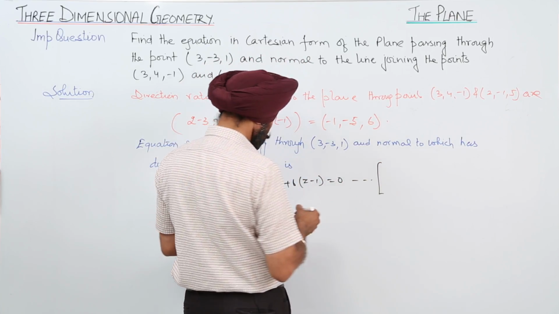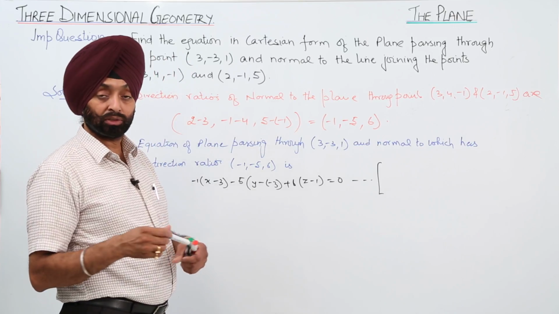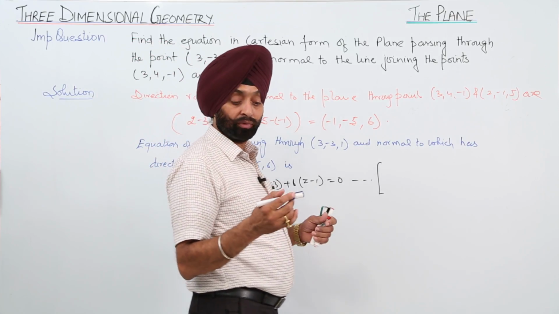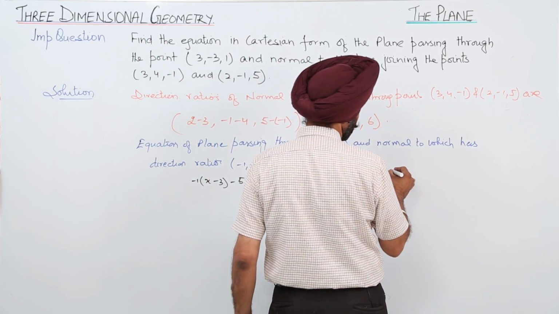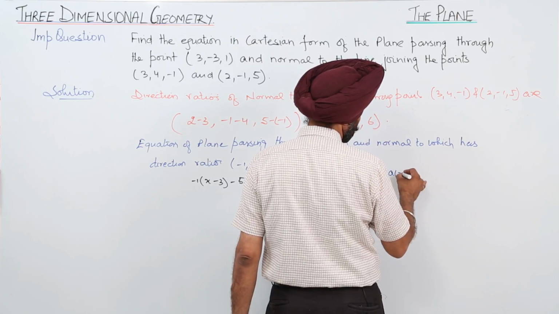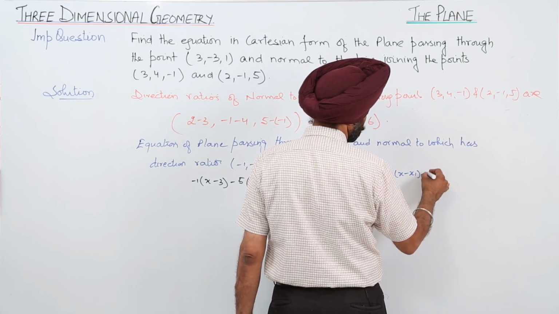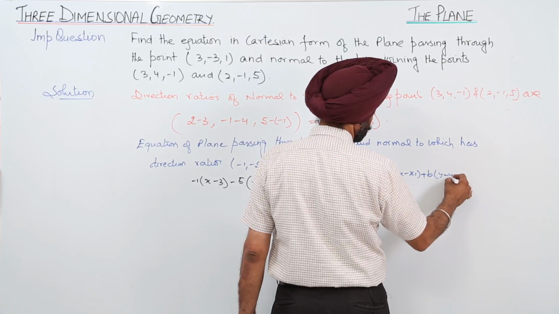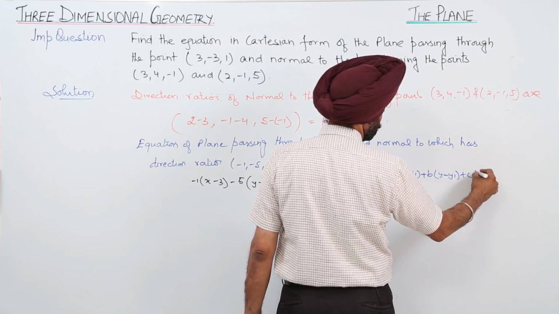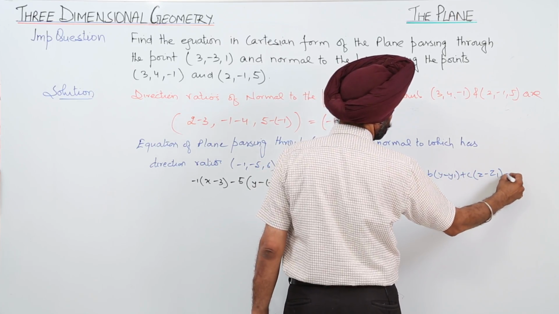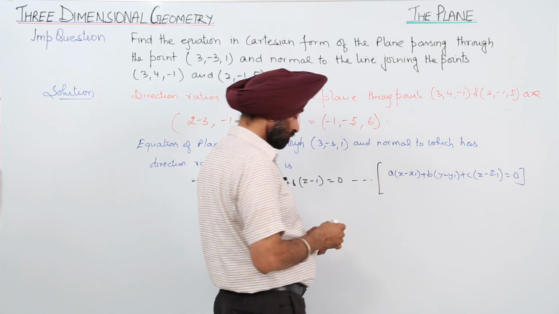Now, what have we used? The equation of a plane passing through (x1, y1, z1). So, we have a(x minus x1) plus b(y minus y1) plus c(z minus z1) is equal to 0. So, this we have used.